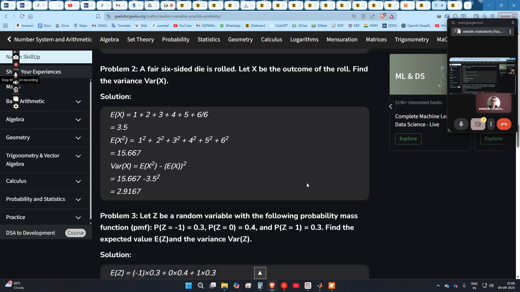Okay, now when instead of a continuous variable we use a discrete variable, then it is called a probability mass function instead of a probability density function.